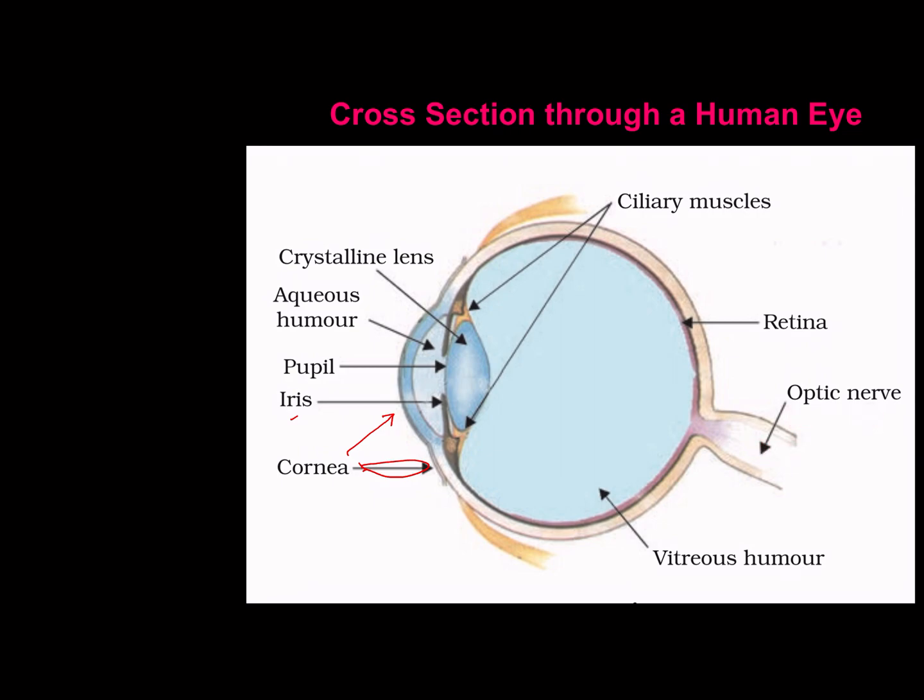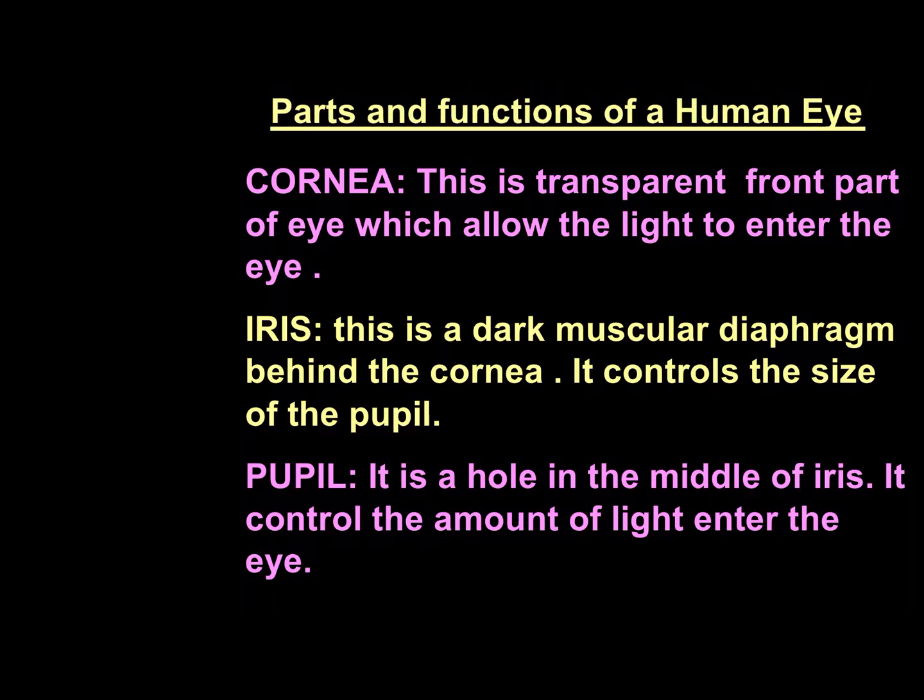So we'll discuss these parts one by one. First, cornea. So what is the cornea? Cornea is the transparent front part of the eye which allows the light to enter the eye. So this is its function. Then the next part is iris. Iris is placed behind the cornea.